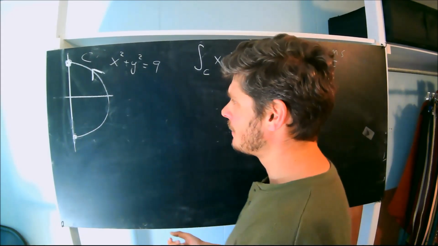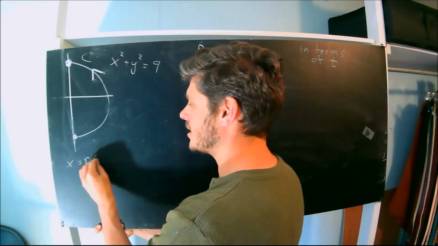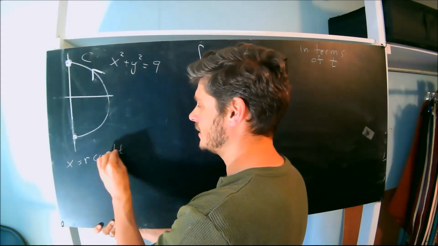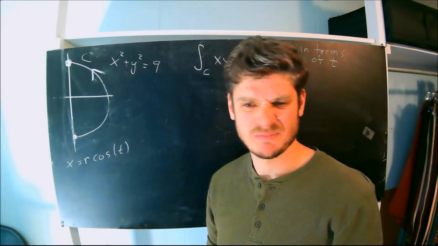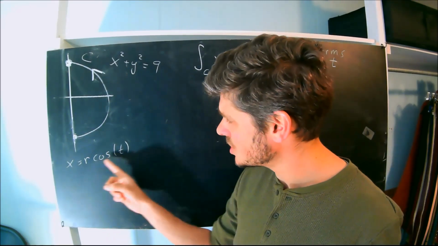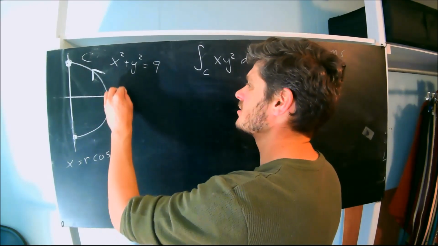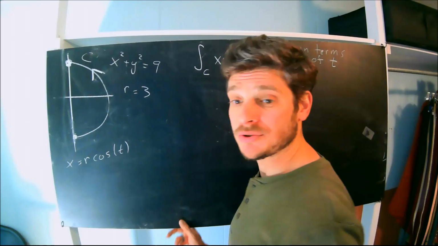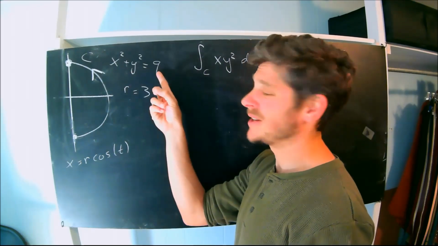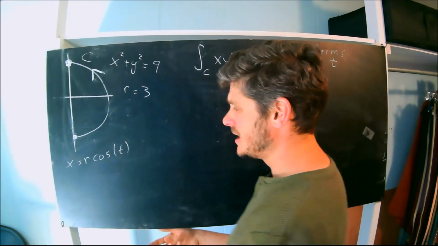So, when I see this circle, polar coordinates tells me that x is equal to r cosine of t, or theta, but in this case, t. So x equals r cosine t. Well, what's my radius here? It's x squared plus y squared equals 9, which is my radius squared, so my radius has got to be 3.